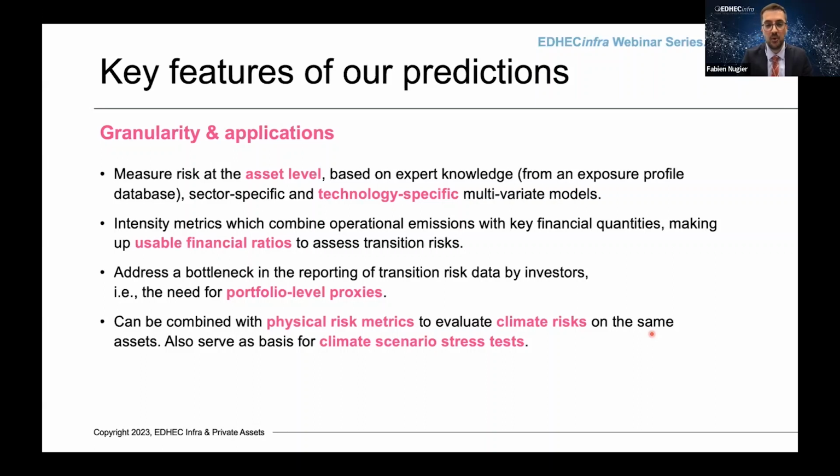So combining both, as it will be shown next week, helps you to actually estimate the climate risk of your assets. And finally, those risk metrics can be used as a basis for climate scenario stress tests. For this, you can see in 2 weeks the webinar by Bertrand Jays and Abhishek Gupta.